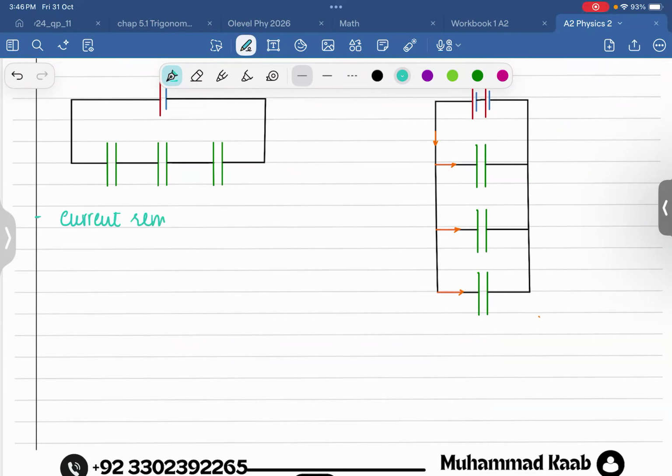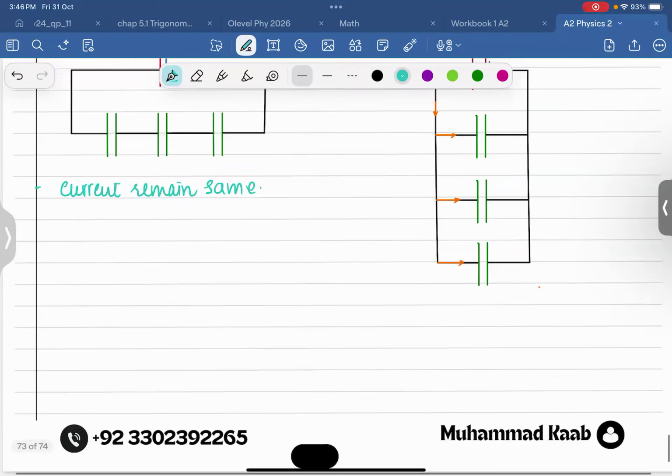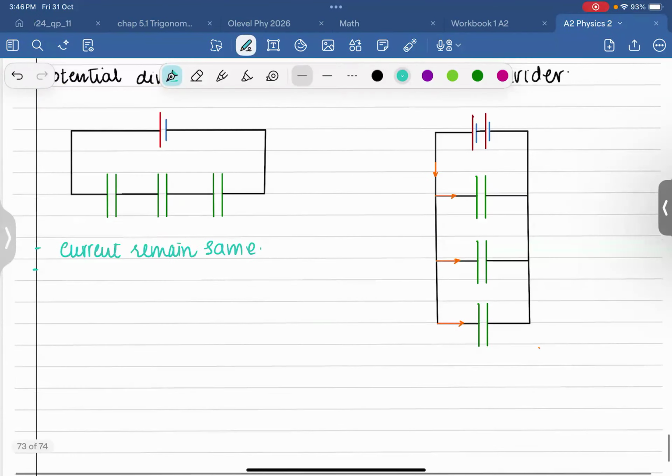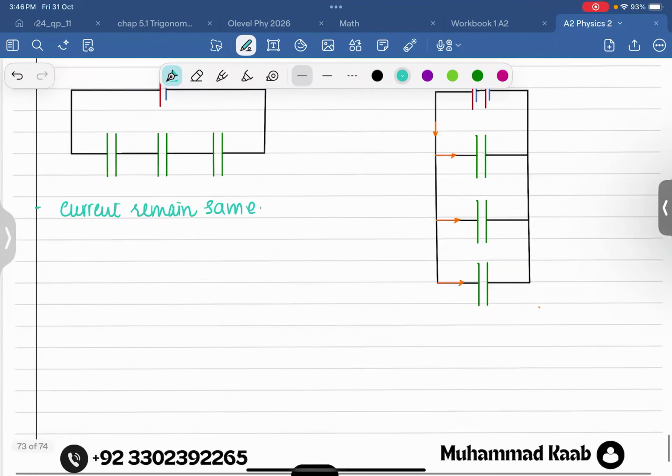By the way, in capacitors we mainly do not refer to current, rather we use charges. So the current remains the same, so the charges will also remain the same, right?